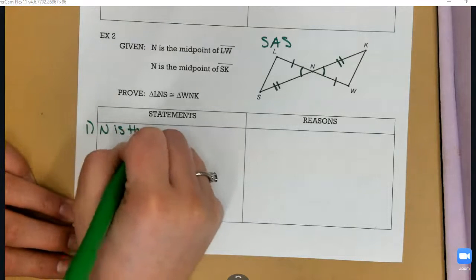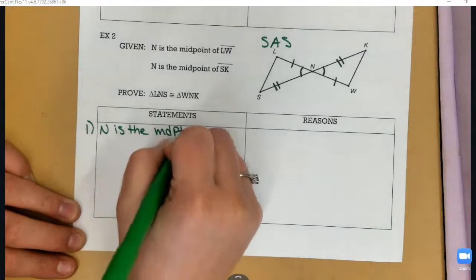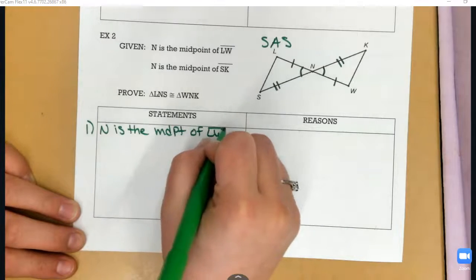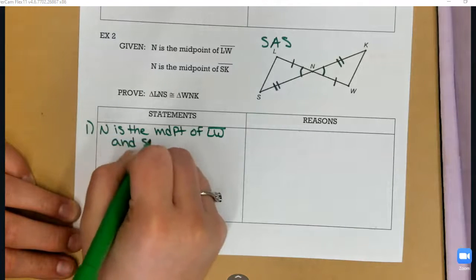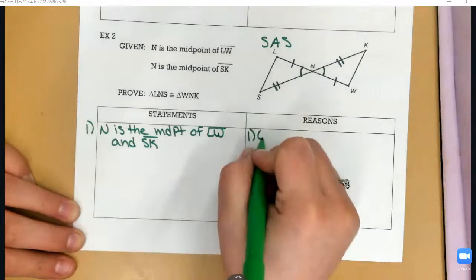So I'm going to start with my given. N is the midpoint of LW and SK. That was given.